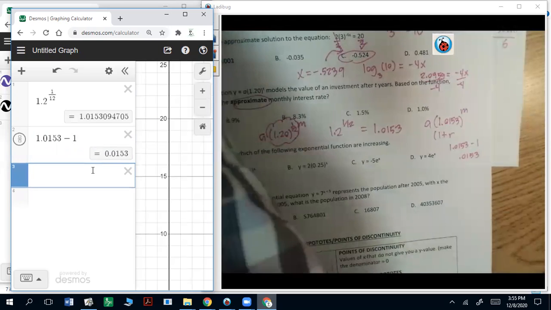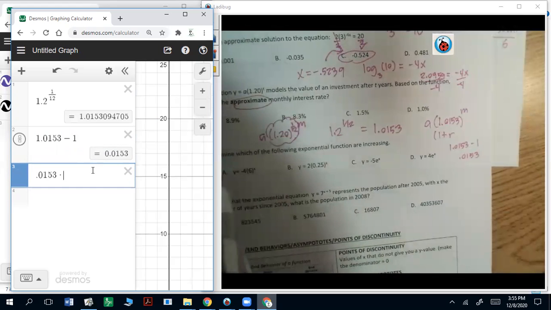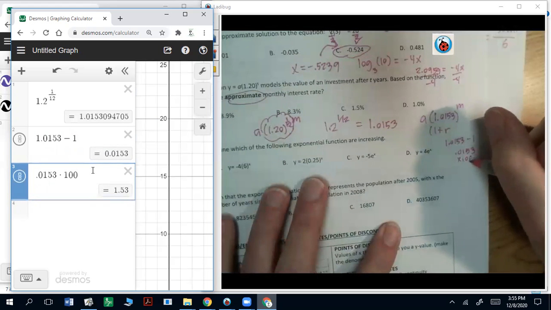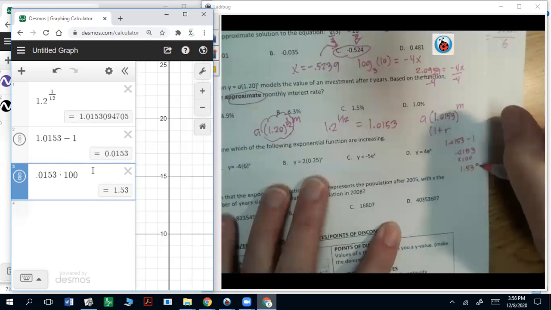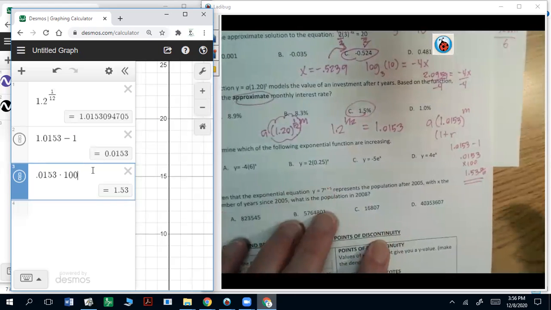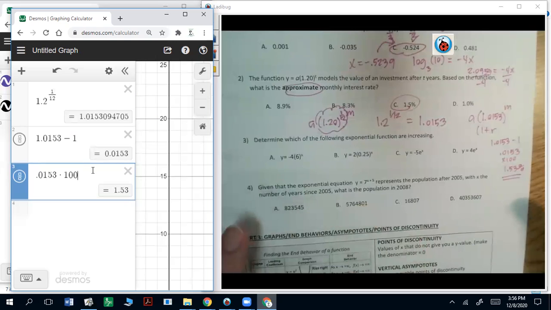So we take that 0.0153 and we multiply that by 100. That is 1.53%. So the closest percent we have is 1.5% right there.